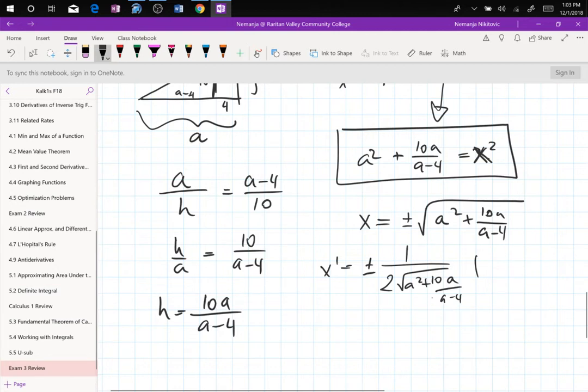So the derivative of the inside is 2A plus, and now we have to do the quotient rule.